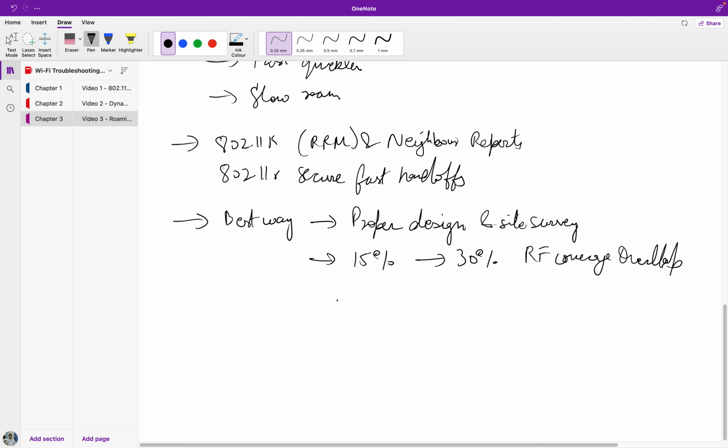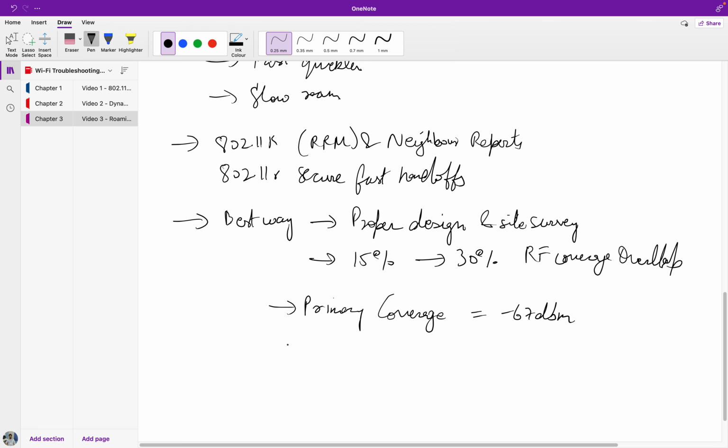But in my eyes, there are a few things that need to be taken into consideration. One is the primary coverage. Let's say we design a primary coverage to be at minus 67 dBm. I want the client on the ground at all times to be able to receive minus 67 dBm of coverage RSSI value. This is done using a site survey.